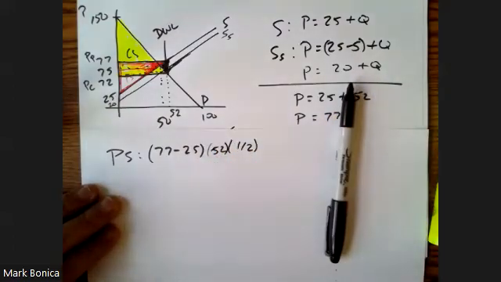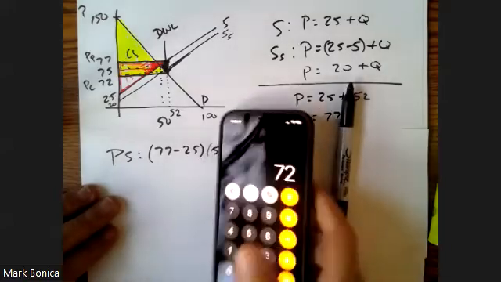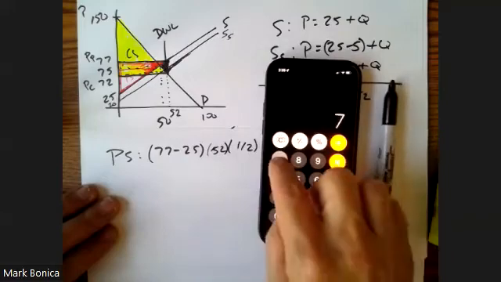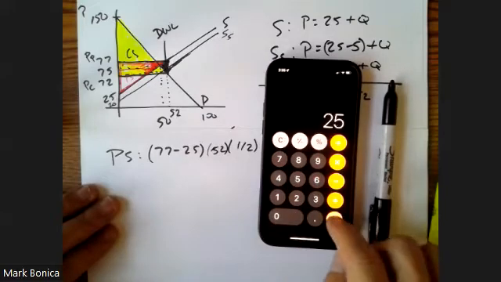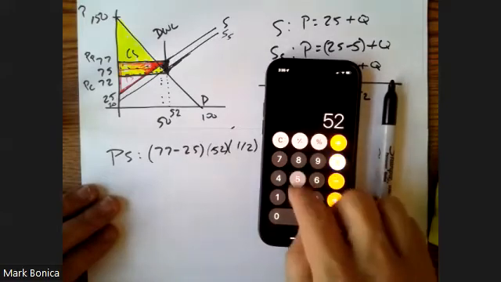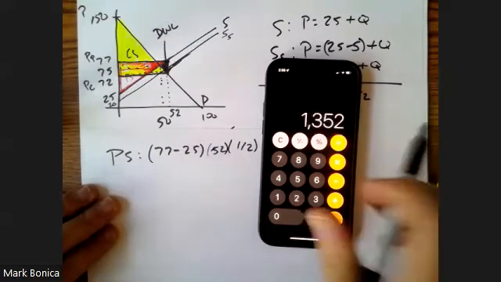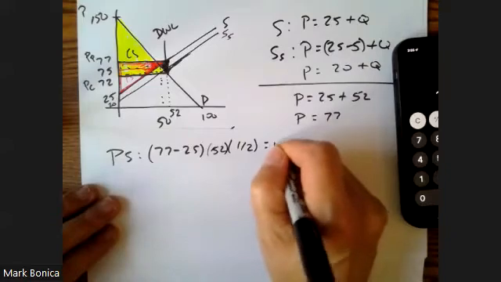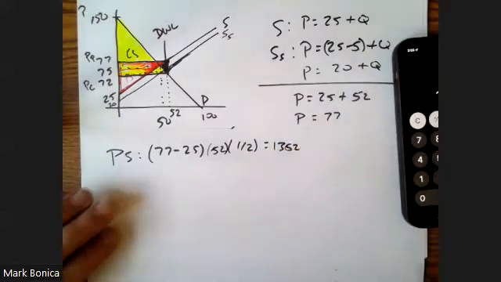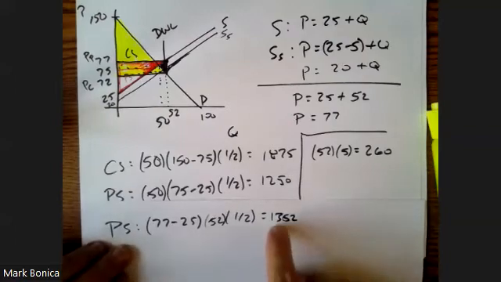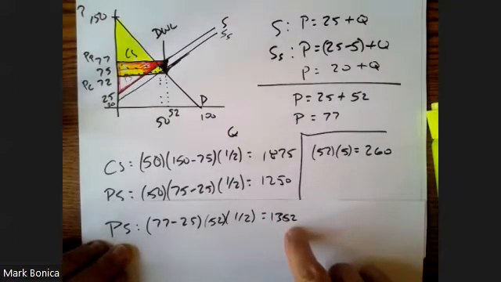So we get 77 minus 25 times 52 divided by 2 is 1352. So producer surplus went from 1250 to 1352.